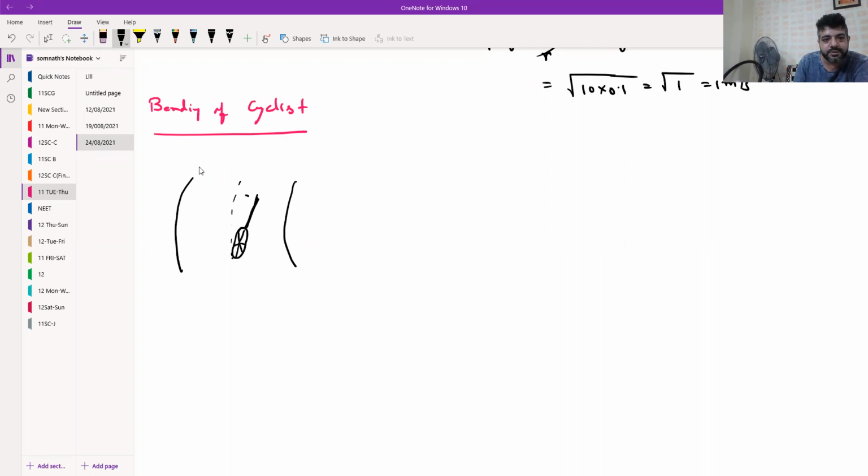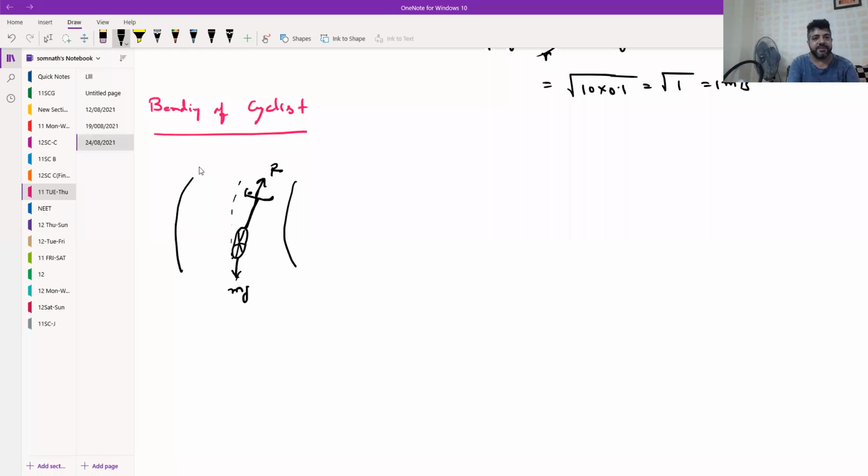This is, suppose, the handle of the cycle and this is the bell. Normal reaction, and mg is acting downward. So what happens when you take a turn? If you take a right side turn, you bend towards the right. If you take a left side turn, you bend towards the left.